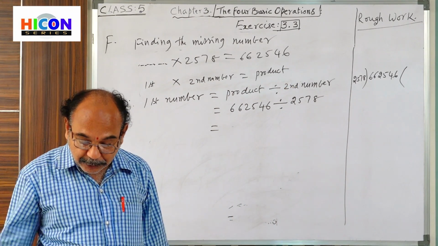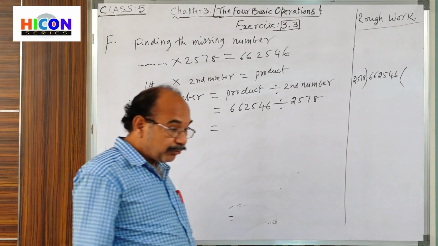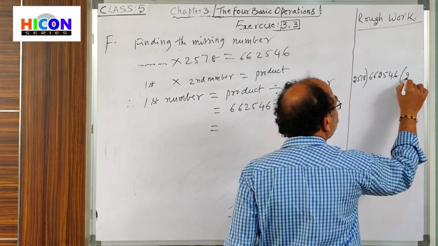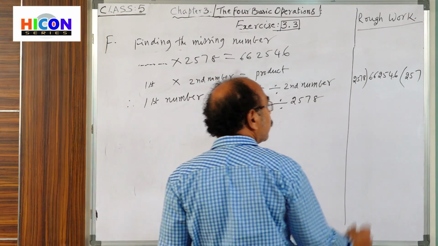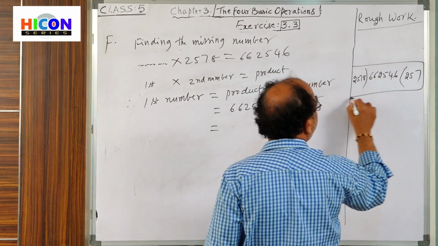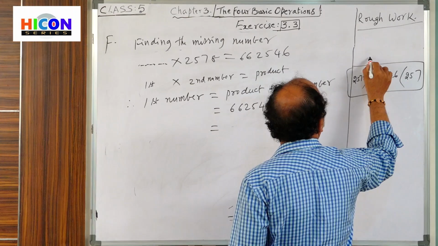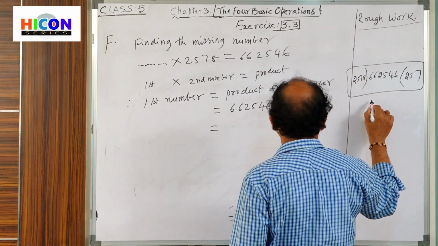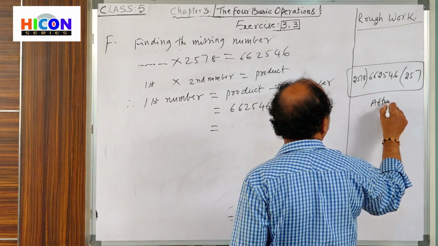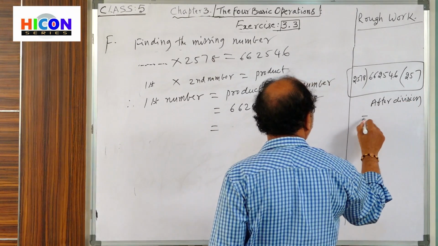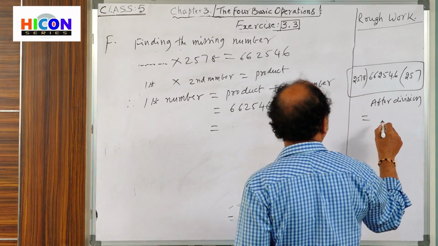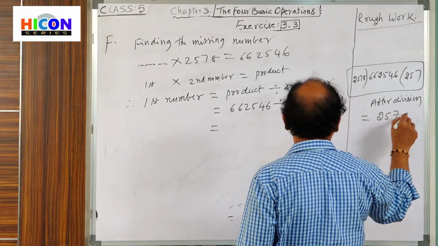After completion of the division, we get 257. Okay, children. So after division, how much do we get? 257.